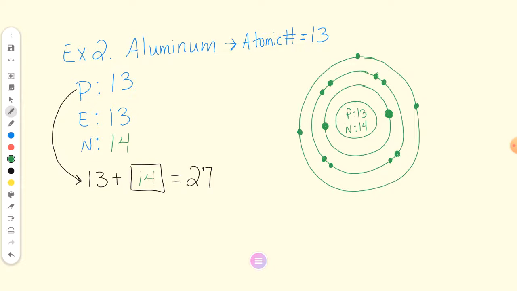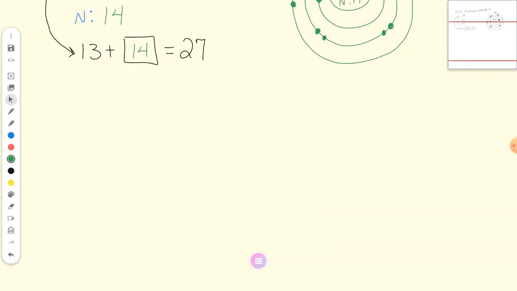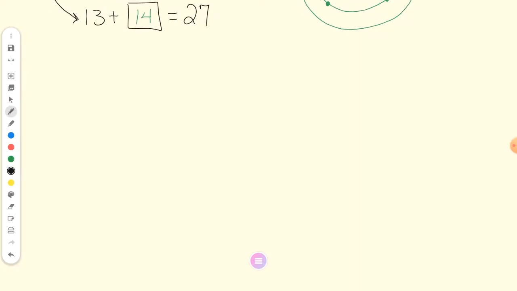Okay, Elia, pick a number between 5 and 20. 10. We are going to draw the element that has atomic number of 10. So example 3. Who can tell me what element we are talking about? Clara? Neon. Ooh, we can't do neon.